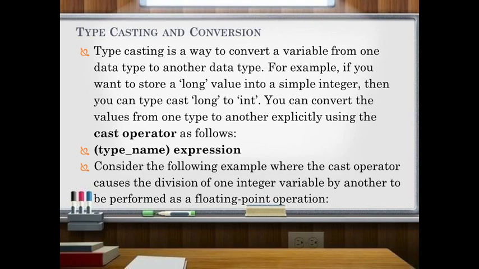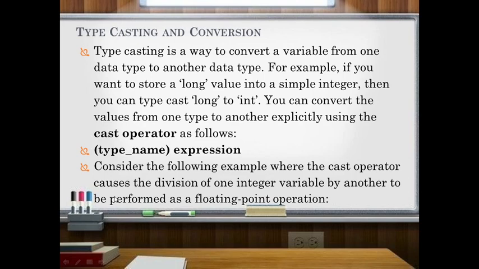Instead of removing and changing the declaration, let the declaration be whatever it is, and depending on how you want to display the result, we can make a cast from long to int. We do this casting with the syntax: type name in brackets, then the expression. It is very important to put the brackets around the data type, and then the expression.